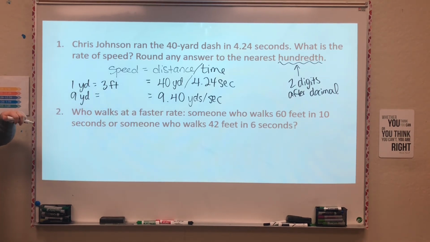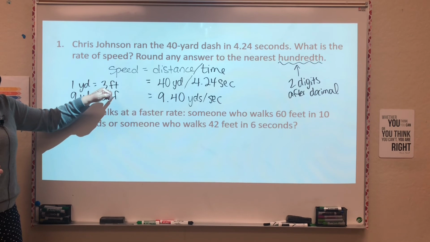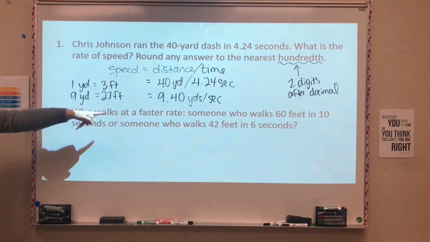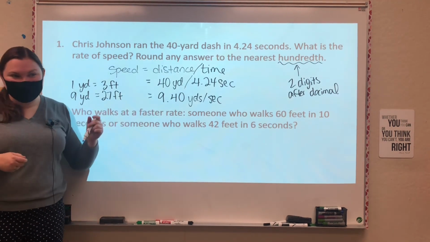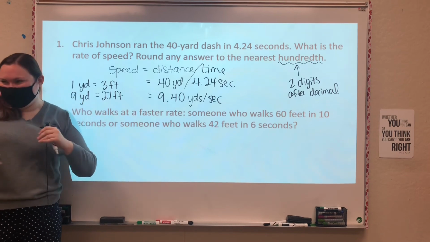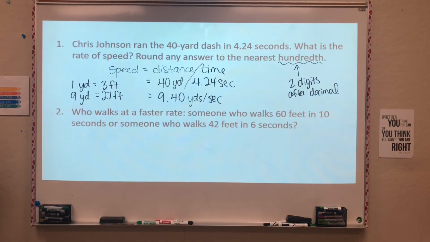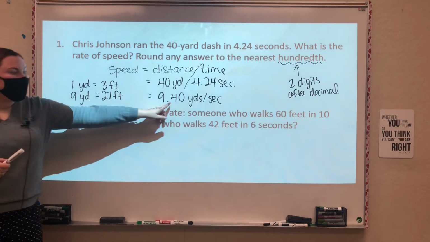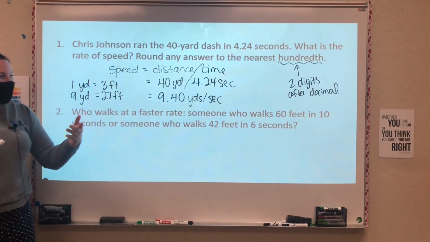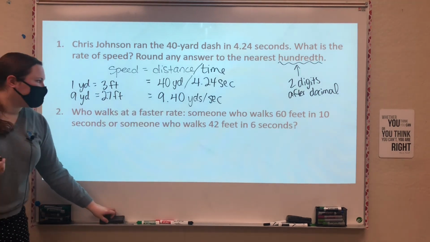I feel like I heard you whisper it. 27? Yeah, 27 feet. He's going over 27 feet in 1 second. I cannot picture my body doing that, but that's why I'm not a track runner. But we're figuring out his speed. We're figuring out he's going 9.40 yards per second.